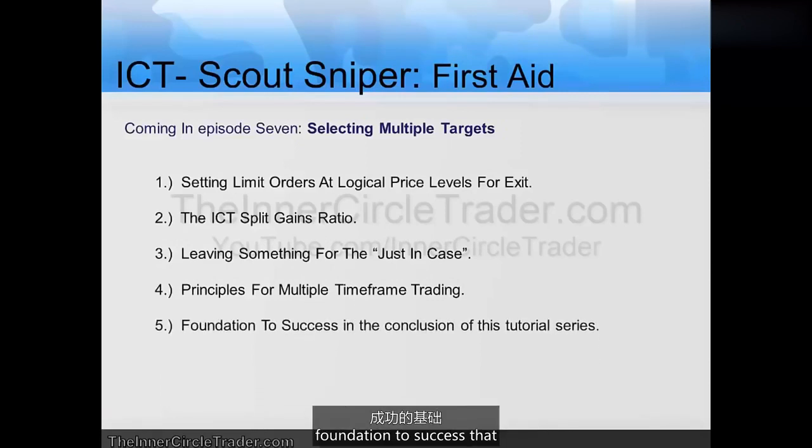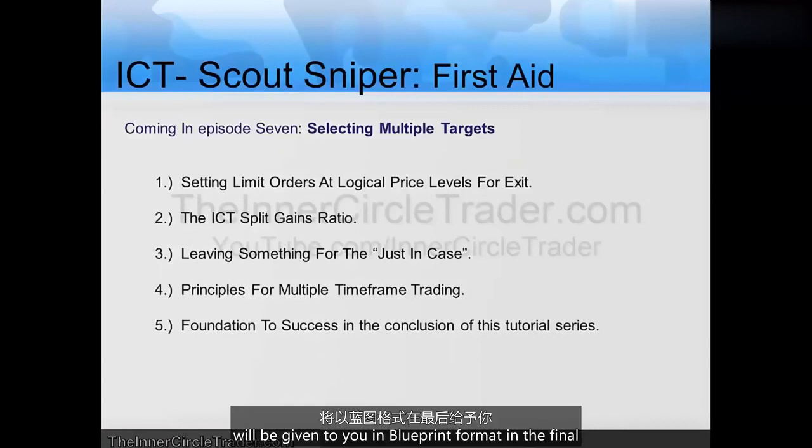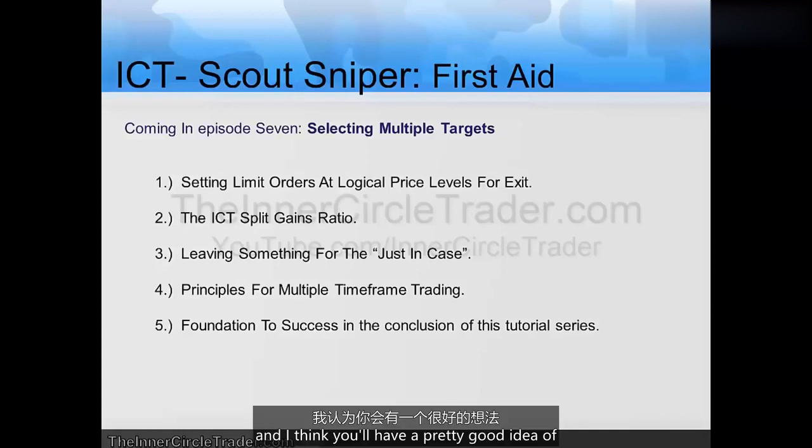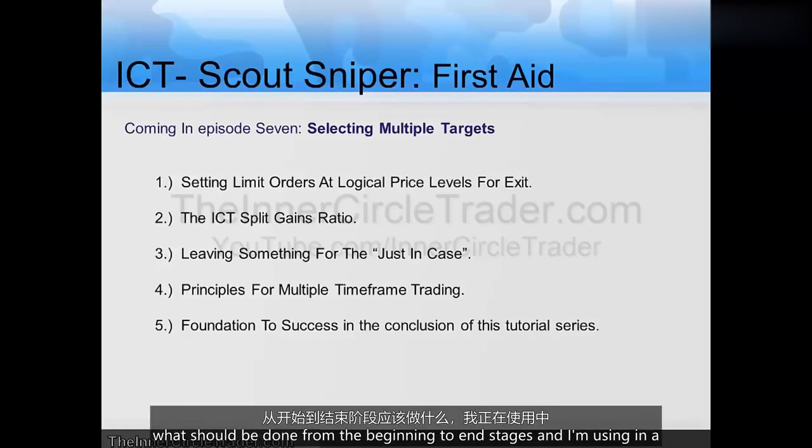And we'll have the foundation to success that will be given to you in blueprint format in the final episode in this series, part 8. And I think you'll have a pretty good idea of what should be done from the beginning to end stages.